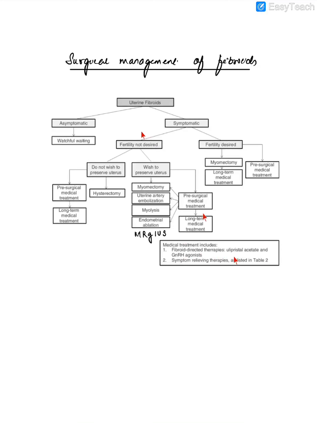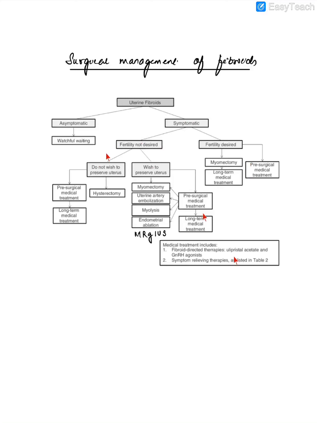So if we have determined that we have to go for a surgical management, then we have to decide if fertility is desired by the patient or fertility is not desired. If fertility is desired, in that case we have to do uterus preserving surgery. So we just remove the fibroid, and that is known as myomectomy.